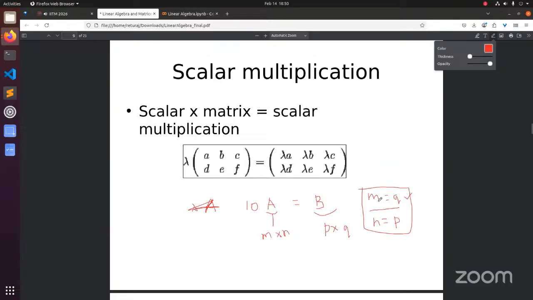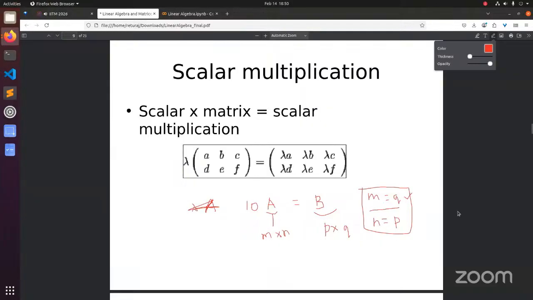Does everyone think that this is correct? I don't have to explain? Or is there anyone who thinks that this is not correct? Something is wrong in this. Anyone? Okay, no one thinks this is wrong.